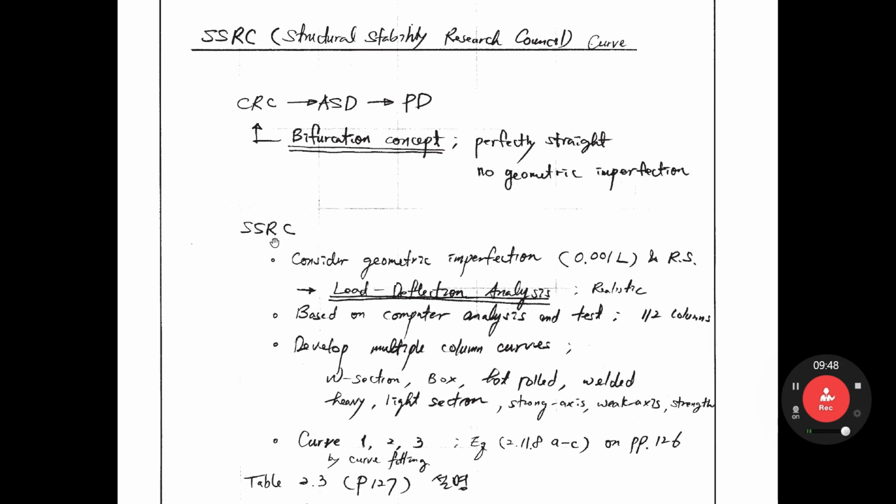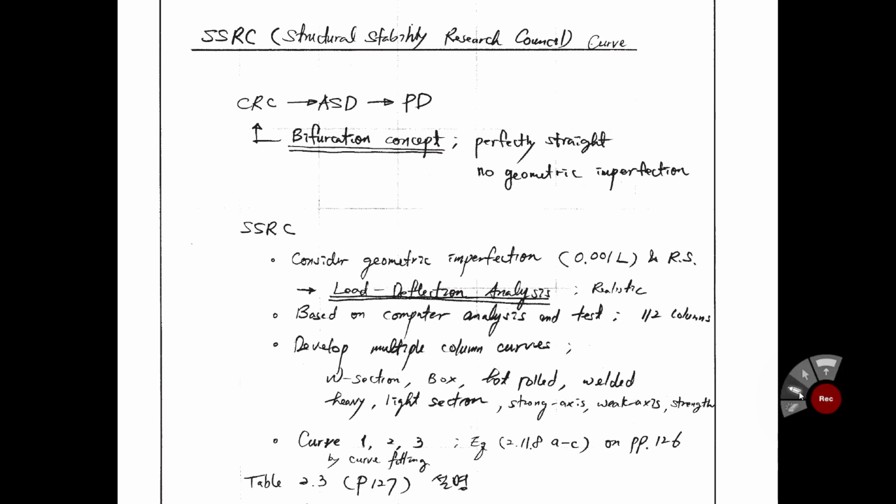This committee developed its own column curve. It is called the SSRC curve. The SSRC curve considers geometry imperfection. The imperfection magnitude is 0.001 L, together with residual stresses. The CRC curve only considers residual stresses, okay? But the SSRC curve considers not only residual stresses but also geometry imperfection.